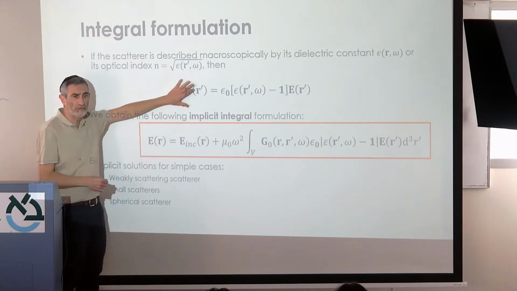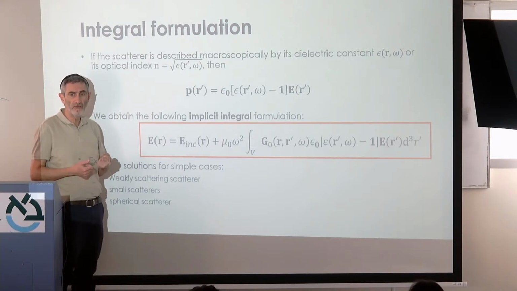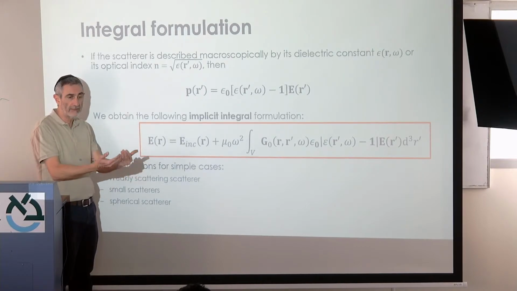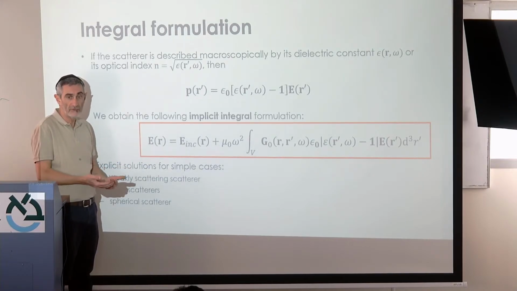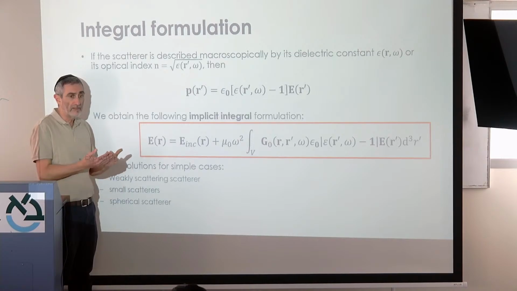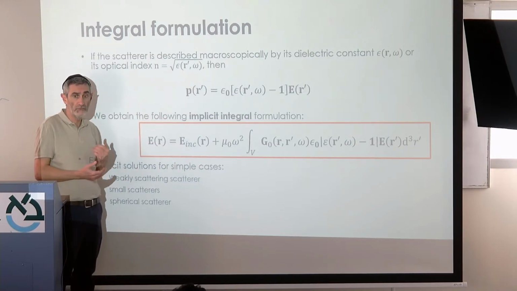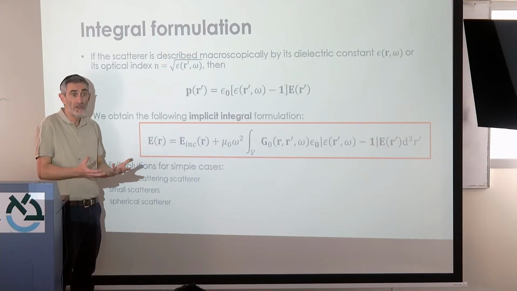So this is a very important formula, and it tells you how you have a field incident inside the scatterer. This field polarizes the scatterer. This polarization is due to the incident field that creates a polarization in the medium.